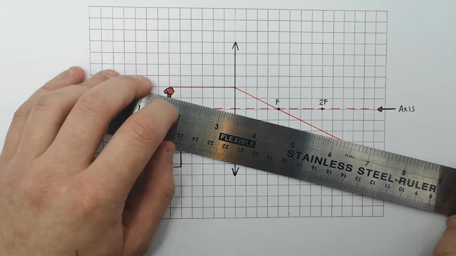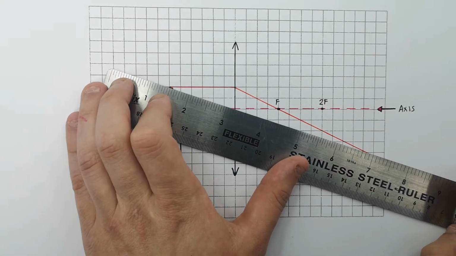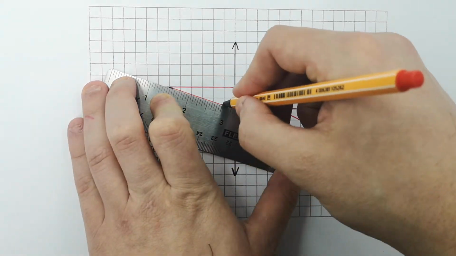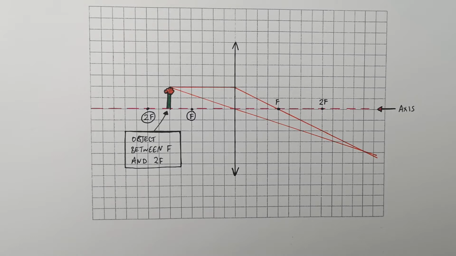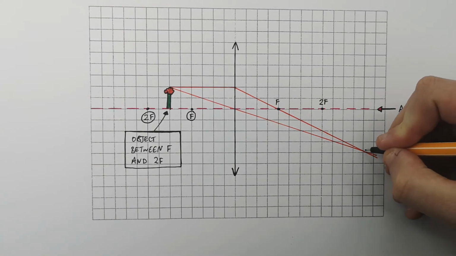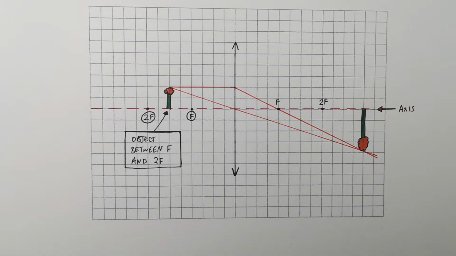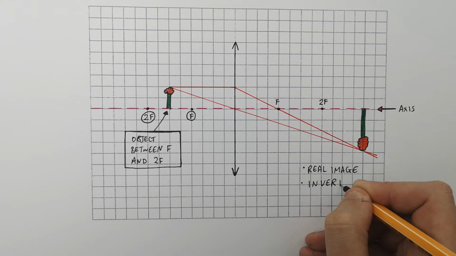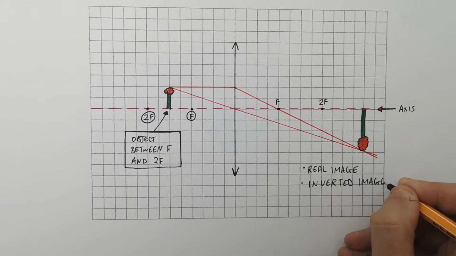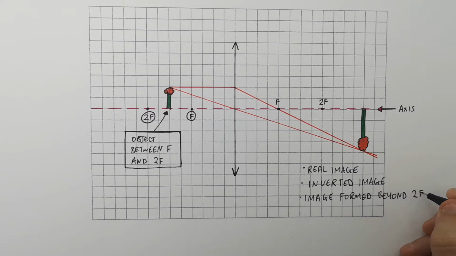You then draw an incident ray from the top of the object that passes through the center of the lens. And this is where the rays meet. So the image produced by an object on the axis between f and 2f is a real, inverted image, and the image is beyond the far side 2f.